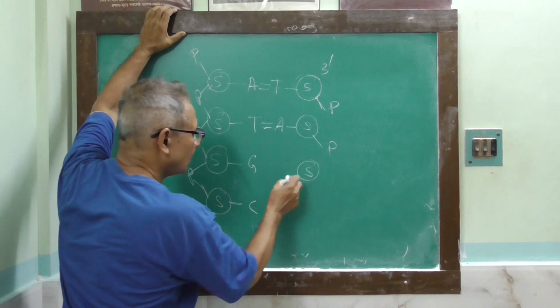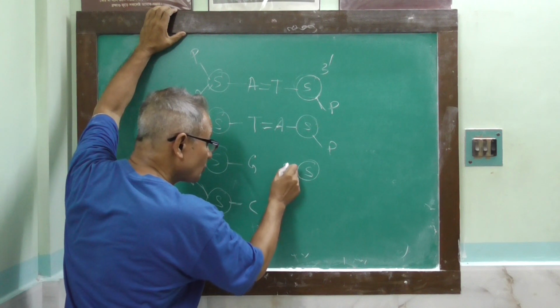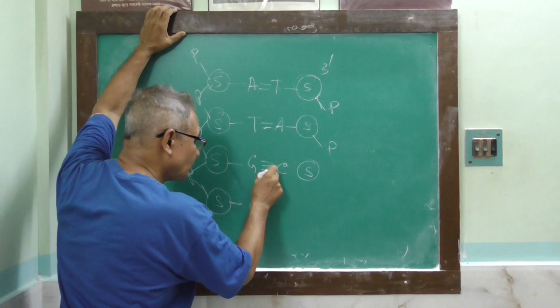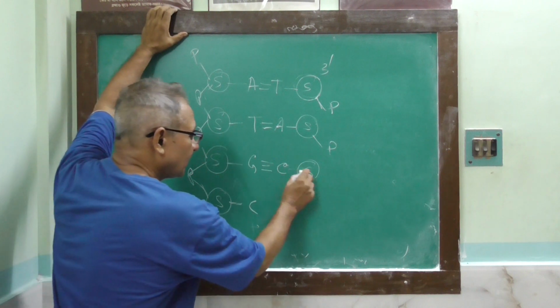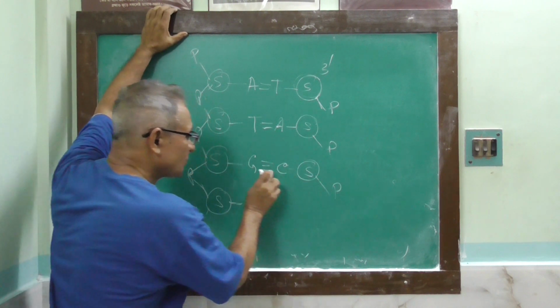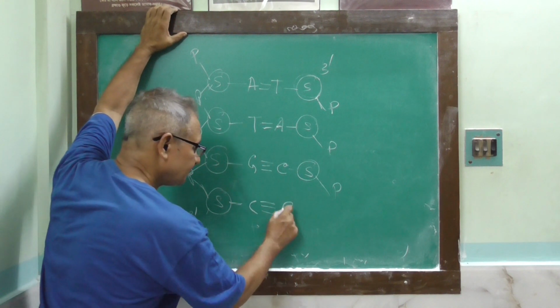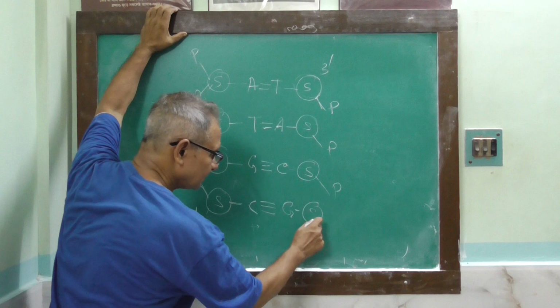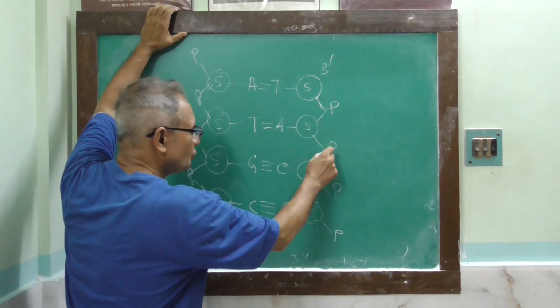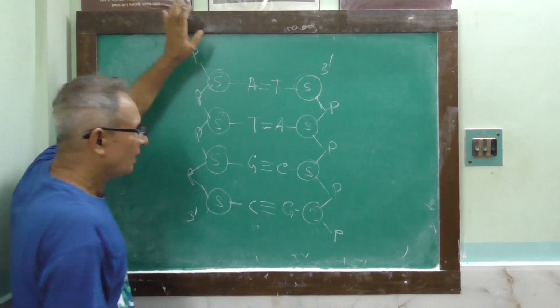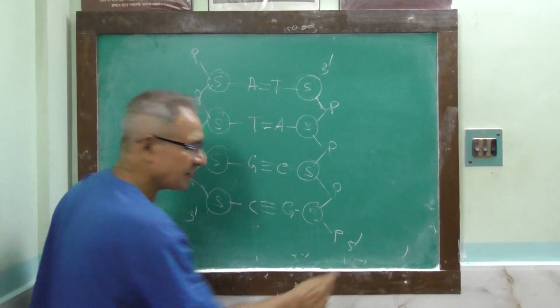The sugar, here must be cytosine, and by 3 hydrogen bonds. There is guanine with cytosine by 3 hydrogen bonds. And now we join. So it is the 5' end.